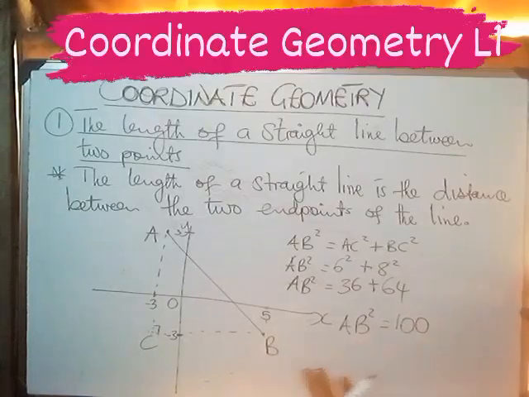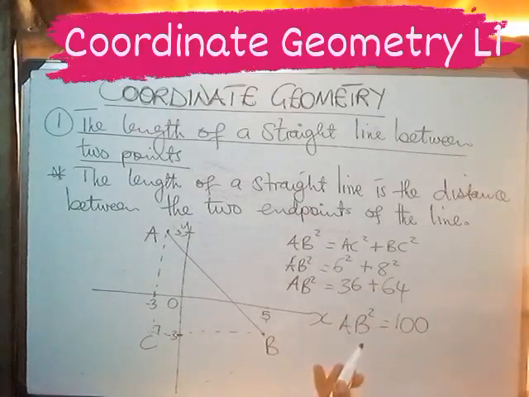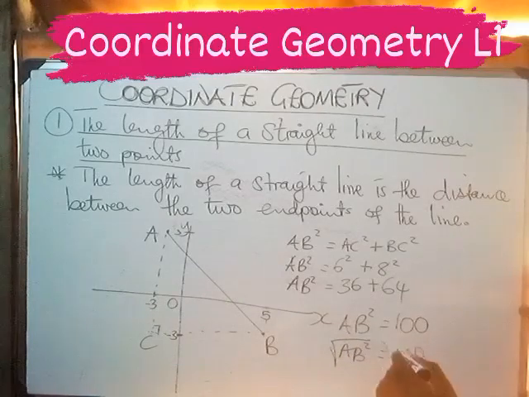Now that we are looking for AB, which is the hypotenuse and is squared, the whole idea is to make it the subject of the formula by not having any coefficient or any power other than power 1. So AB squared is equal to 100. We square root both sides.